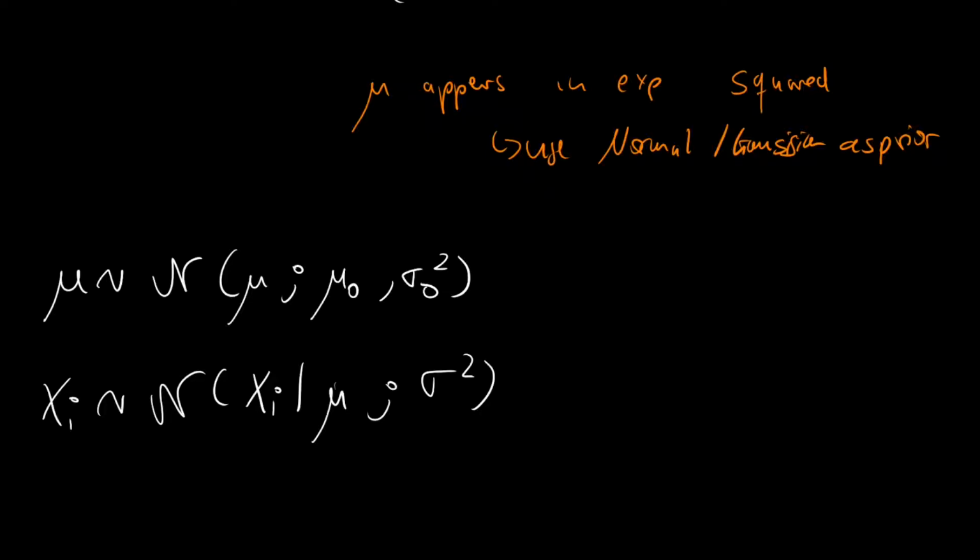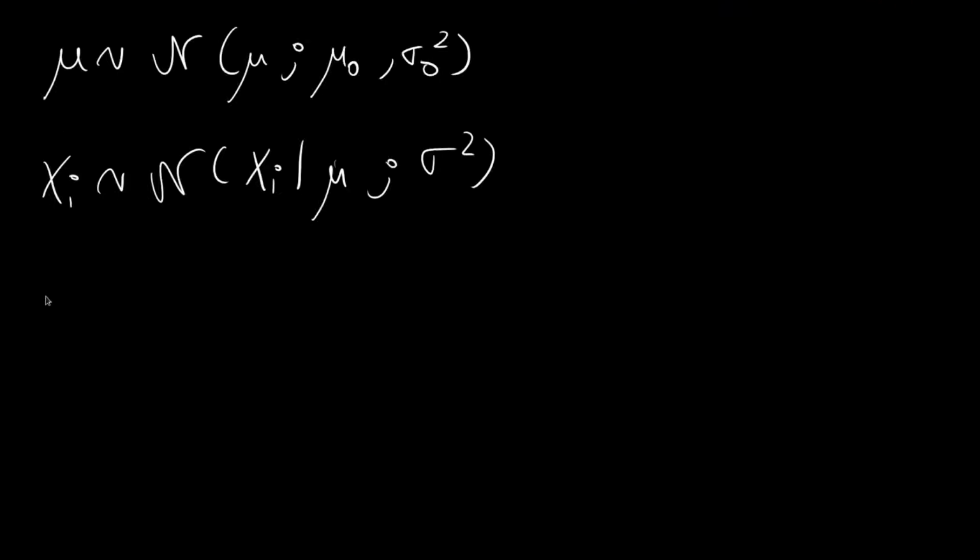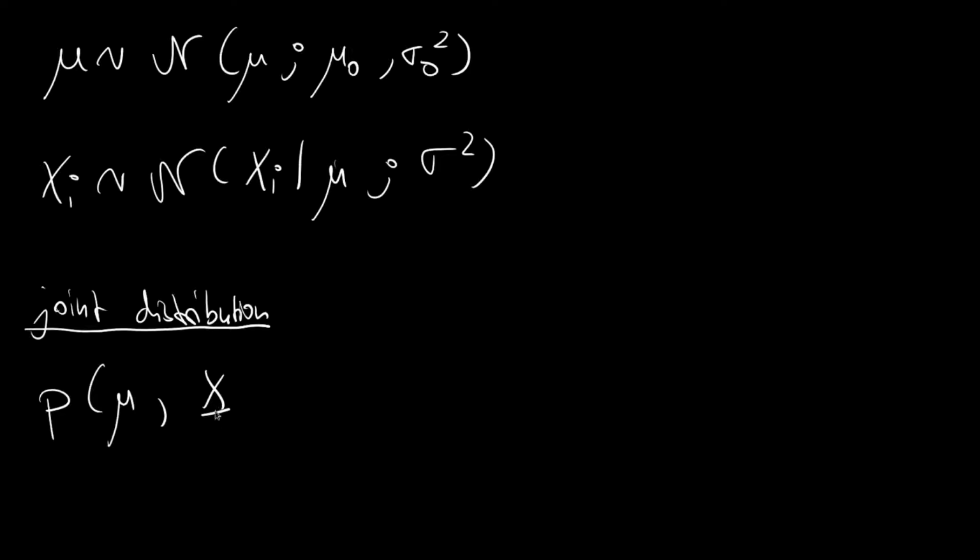Based on the directed graphical model, we can use the properties of factorization to create the joint distribution. So let's call this the joint distribution. And the joint distribution is the probability density function over mu and our x vector. And recall, x vector is just the collection of the n grades. We want to fix this to be observed as the dataset.